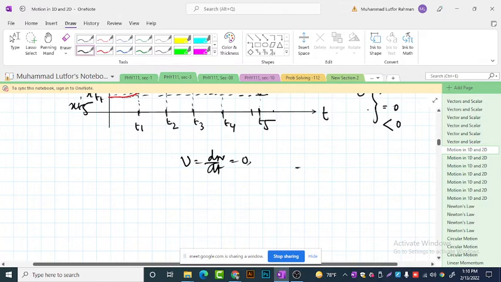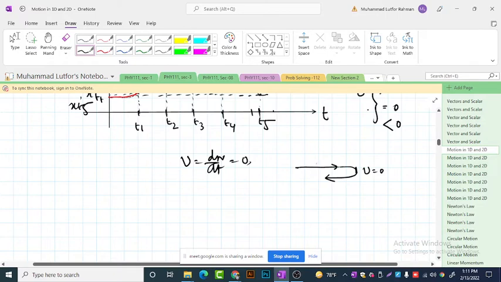Say you move in one direction with your car, and then suddenly you decide to make a turn in the opposite direction. At the turning point, when your slope is 0, we find that the instantaneous velocity is 0 there.